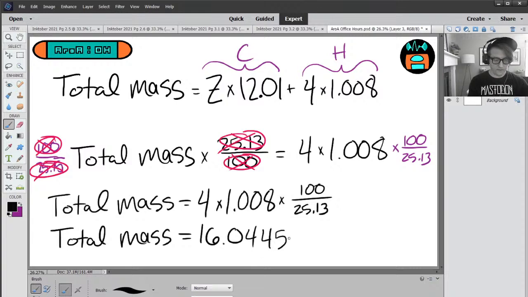The number keeps going, 5, 6, 8, but we're limited to 4 sig figs.